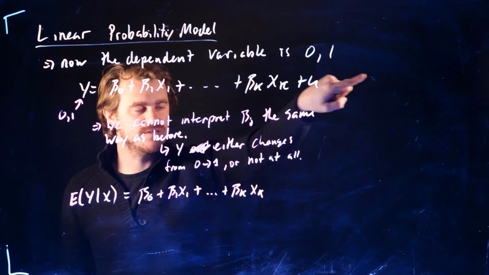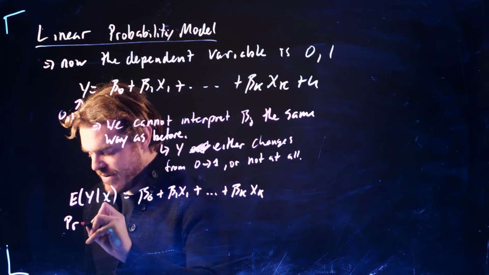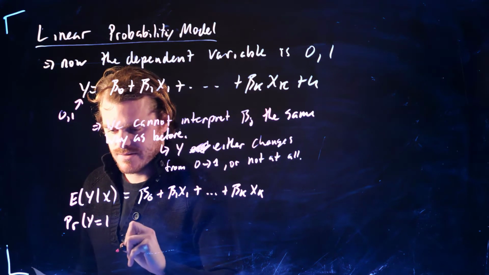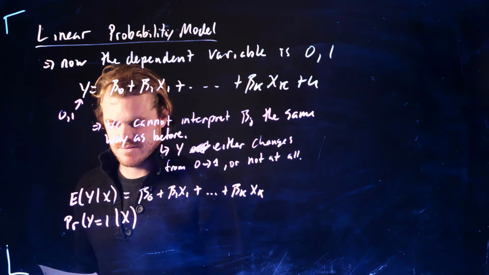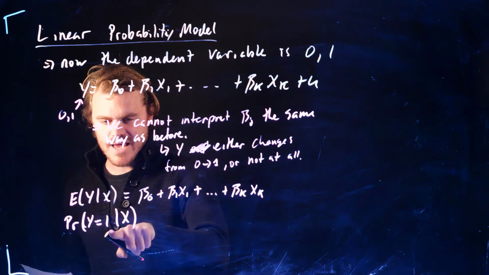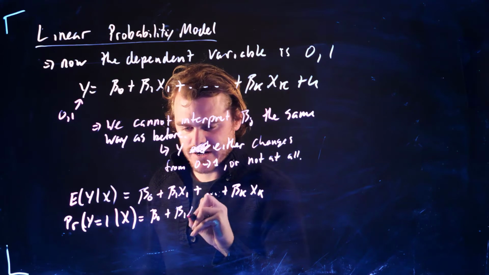Essentially, this u is being dropped off. And how to think about this is the probability that y equals 1 given x.